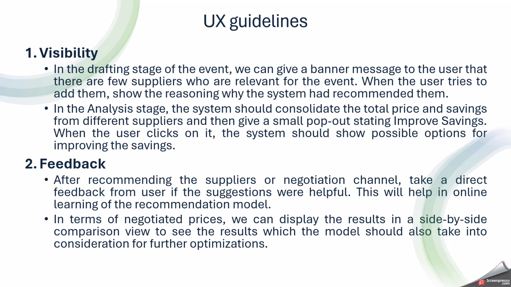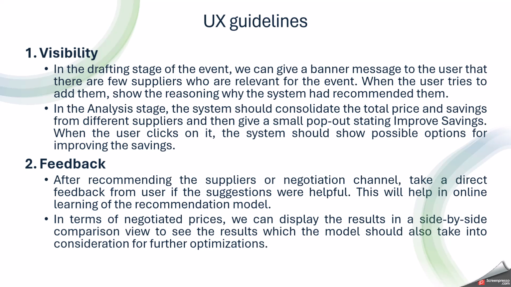So if I am adding certain details, the system will simply tell me that there are 4 or 5 recommended suppliers that I can simply add to the event. I can click on it. I can see why the system has recommended these suppliers, and on the basis of simple actions like add, the supplier should get automatically added to my event.